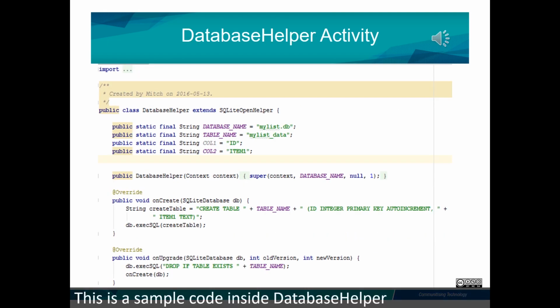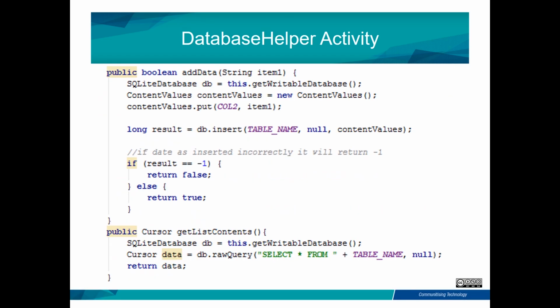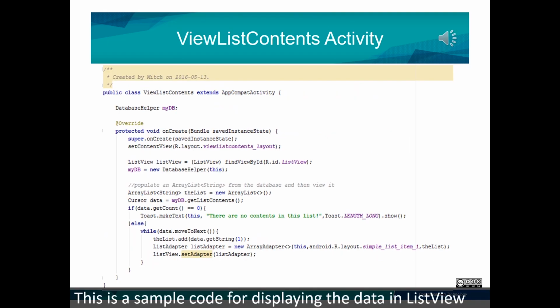This is a sample code inside the database helper. This is a sample code for displaying the data in the list view.